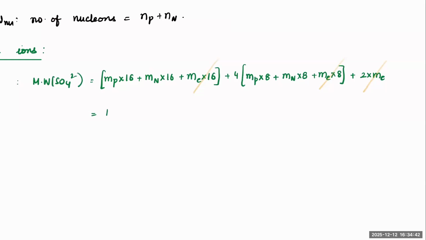You can see it is 32, which we have combined as proton and neutron, plus 4 times 16, which is again the combined neutrons and protons for oxygen, since 8 plus 8 is 16. And the total that you will get is 96 AMU.